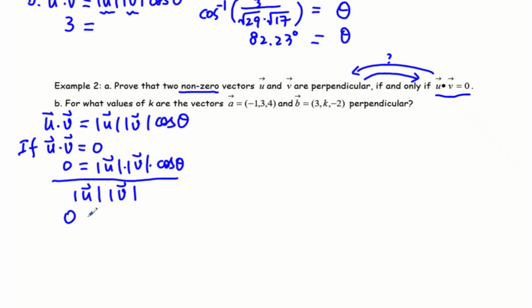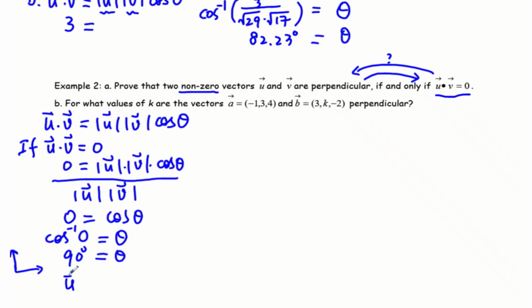Then we have 0 equals cosine theta. We solve for theta: inverse of cosine 0 gives us 90 degrees. 90 degrees means the u and the v, they are perpendicular. So from u v dot product equals 0, we proved it's perpendicular. So u is perpendicular to v.